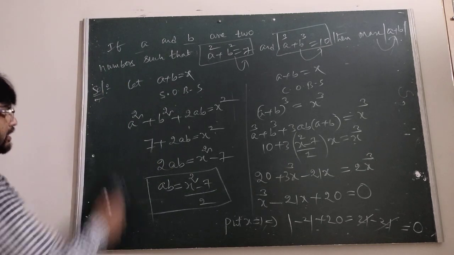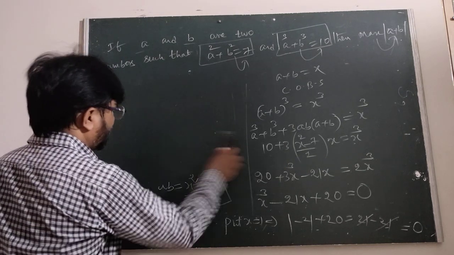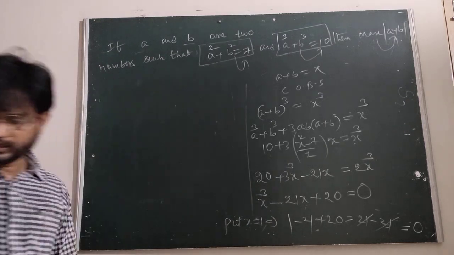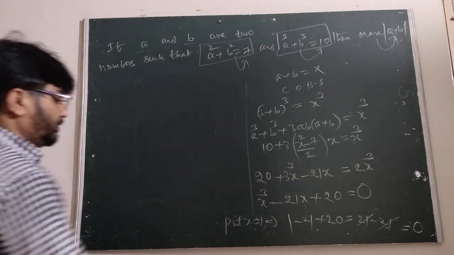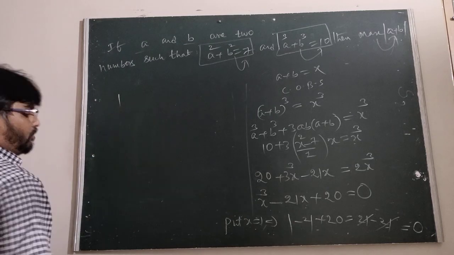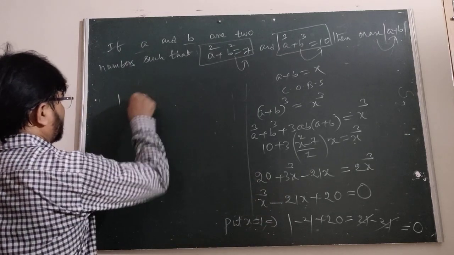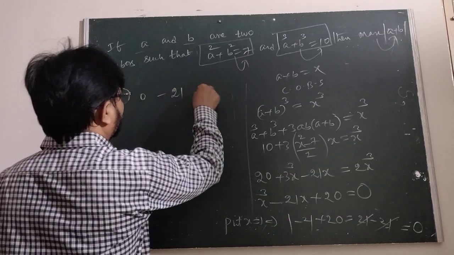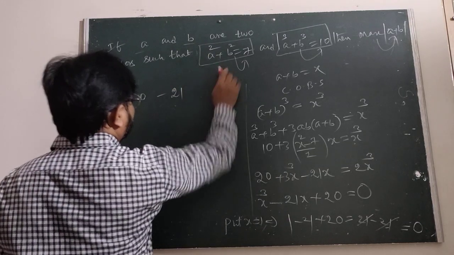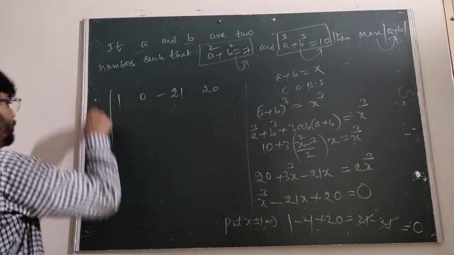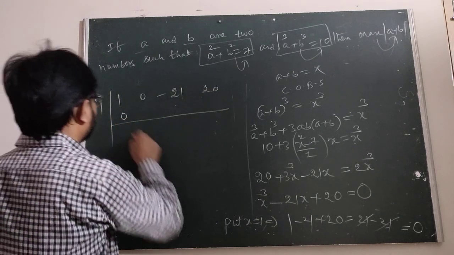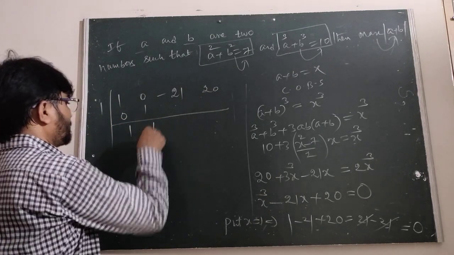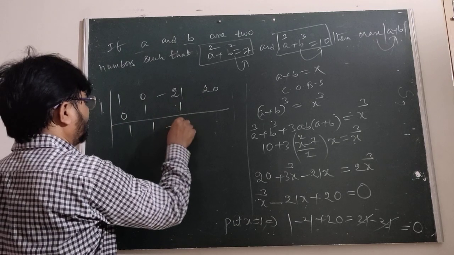Now we are finding the other two values by synthetic division. By the synthetic division, the coefficients are 1, the X square term is 0, then minus 21, and the last one is 20. Therefore 1 into 1 is 1, minus 20.